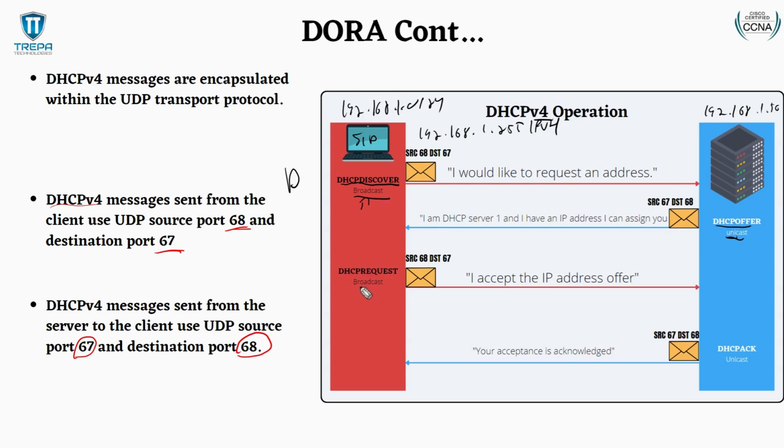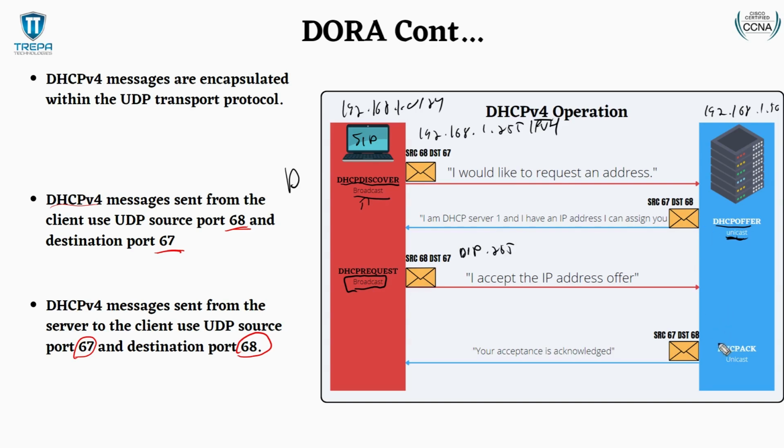Once that client receives that DHCP offer message via unicast, it's going to say, great, I can accept that IP address offer, and then I also need maybe some other options, like we need a Windows deployment server, maybe we're a VoIP phone looking for configuration. And that's still going to be a broadcast message though. It's still going to be a broadcast out. So the destination IP is still going to be that 255.